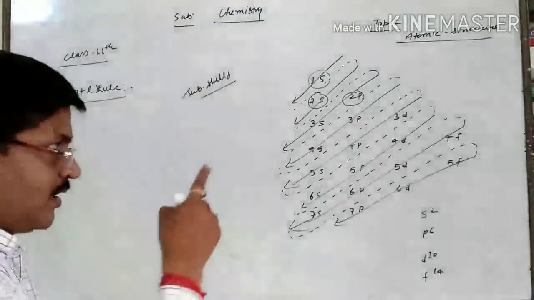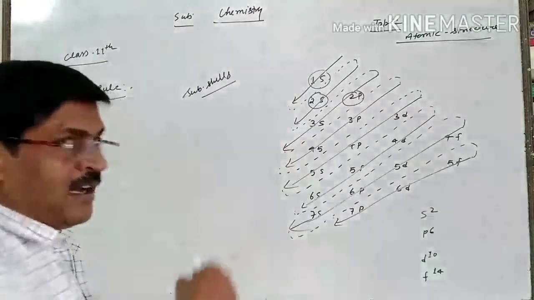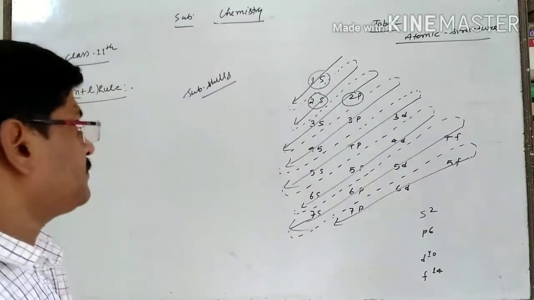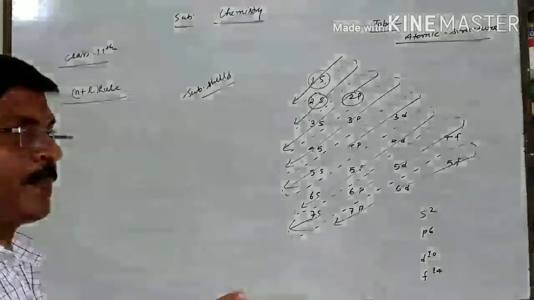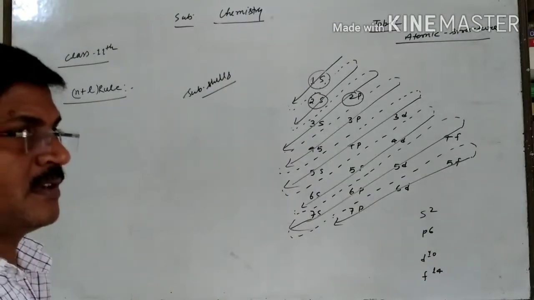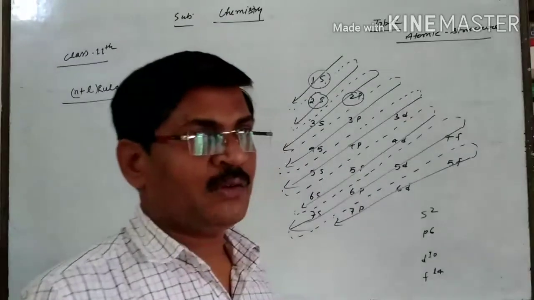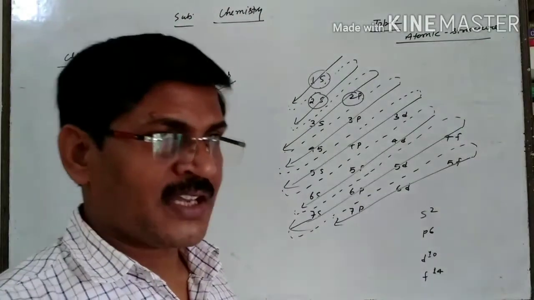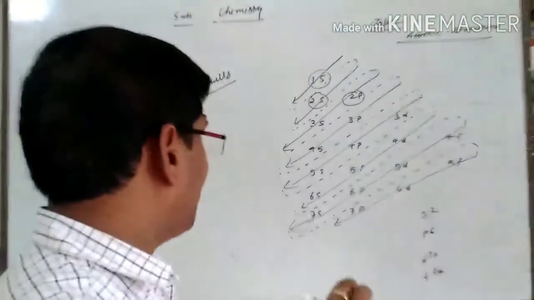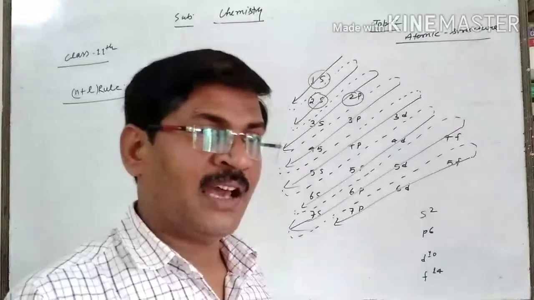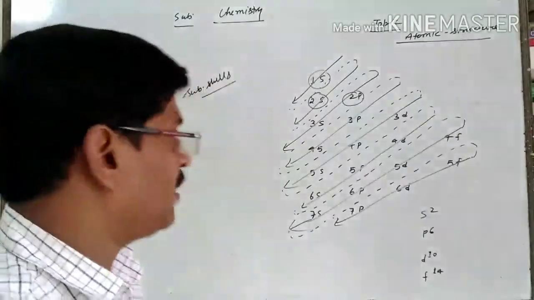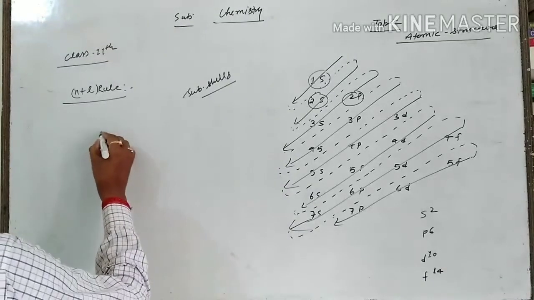Electron firstly enters the subcell for which the n plus L value is lowest. Once again, electron firstly enters that subcell having the lowest n plus L value. So I check this lowest value.